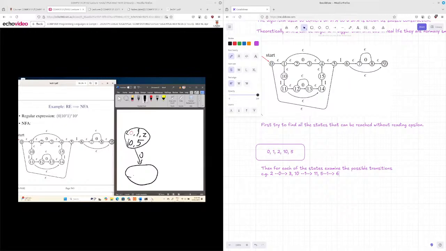Does 2 go anywhere? Oh yeah, 2 goes to 0. 1 can't go anywhere. 0 can't go anywhere.